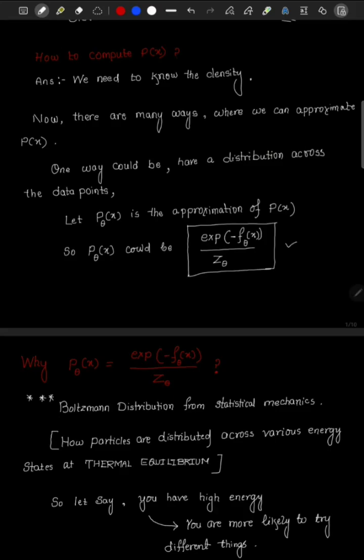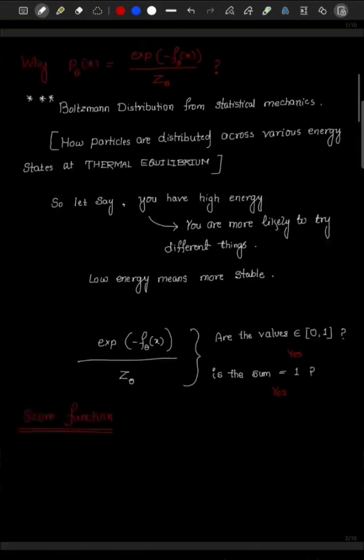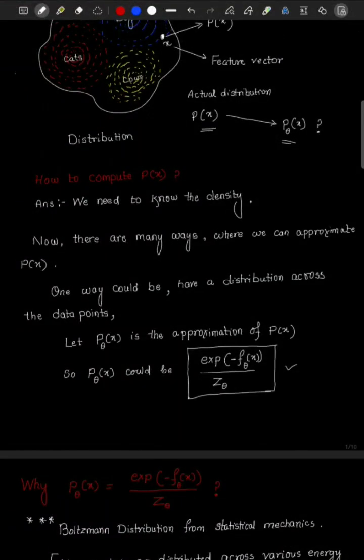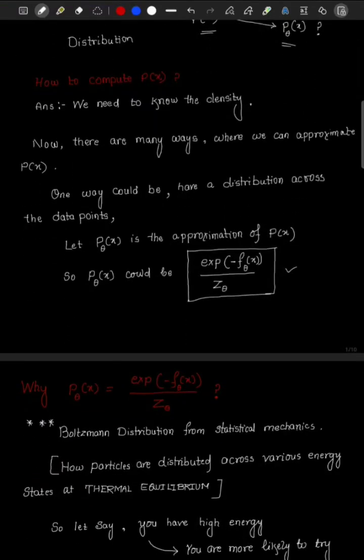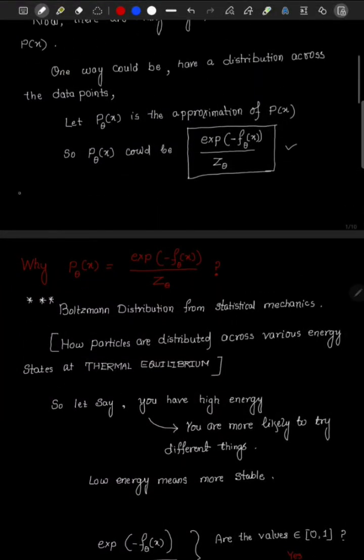If we look into the characteristics of probability, it should follow two main characteristics. The first one is that the values should be between 0 and 1, and the second is that the sum of all values will be 1.